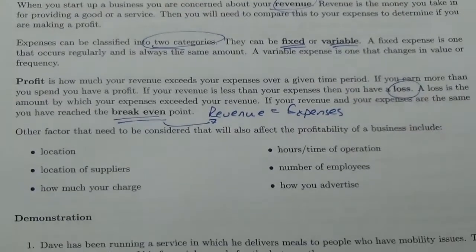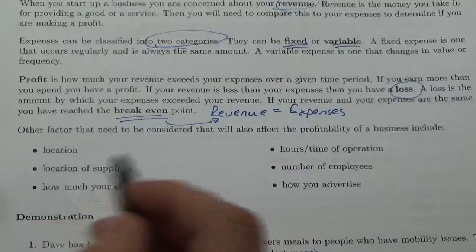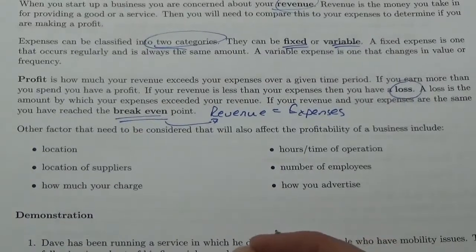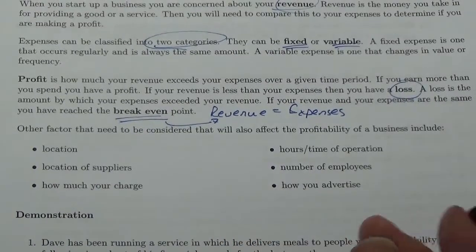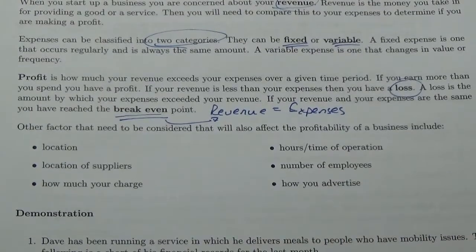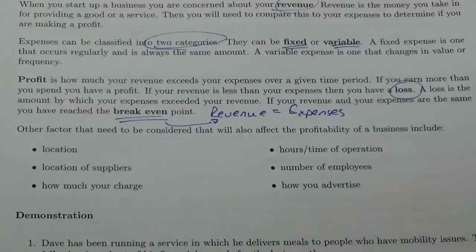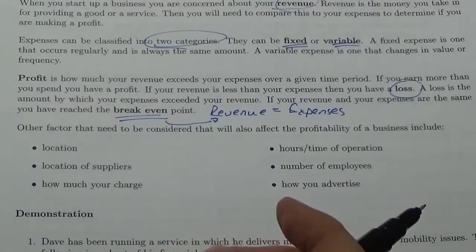Other factors that might impact that: location, suppliers, how much you charge. Maybe you've got to adjust how much you're charging. Oddly enough, there are great examples of companies that weren't making a lot of profit, but the answer to their problem was increasing what they charge.